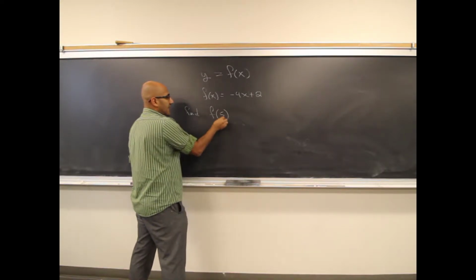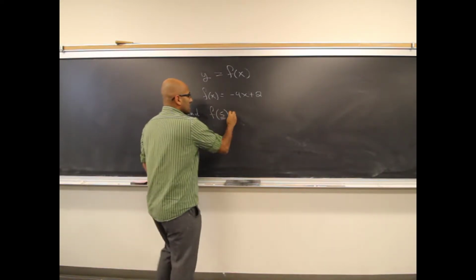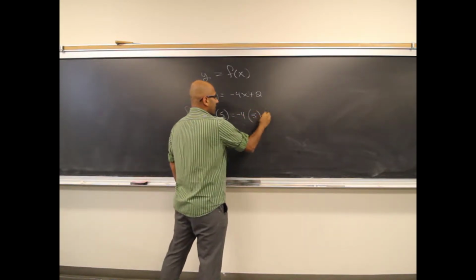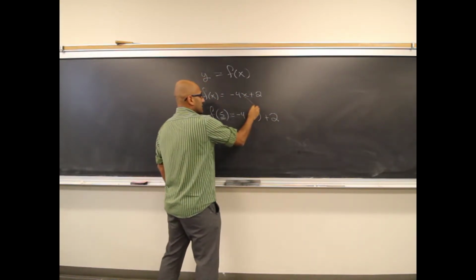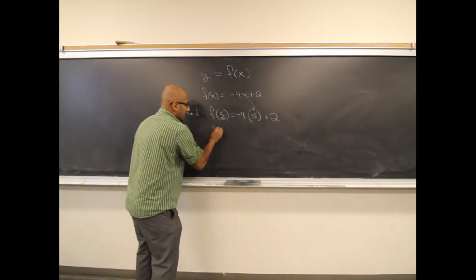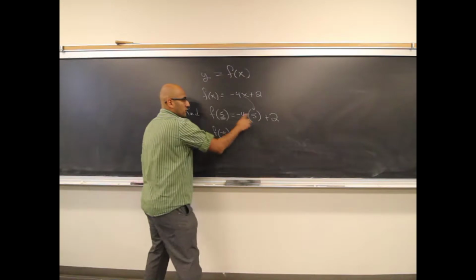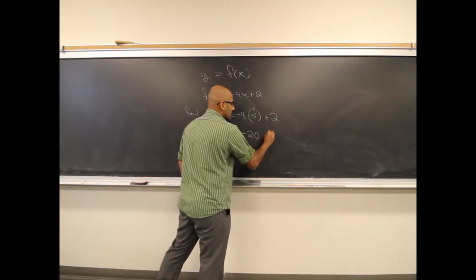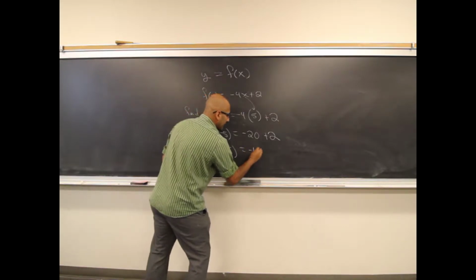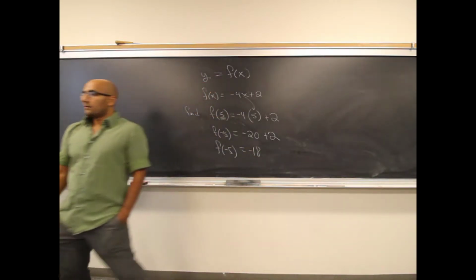So we know that the x value is 5. We rewrite this as negative 4 times 5 plus 2, because the x was right there. Then we evaluate and we get f of 5 equals negative 20 plus 2, so f of 5 equals negative 18. Good?